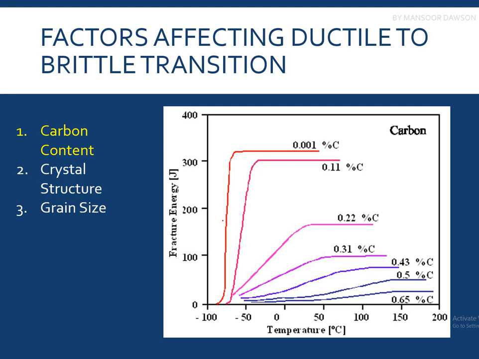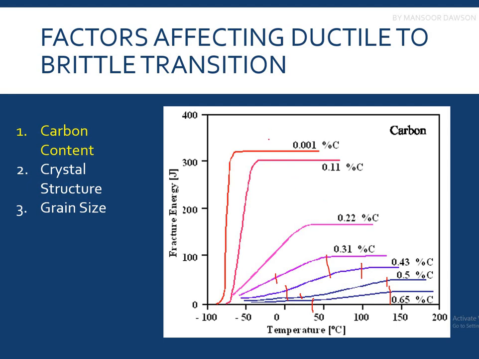So what are the factors affecting the ductile to brittle transition? One is the carbon content. If we take the ferrous alloys or the iron alloys, especially steels, when we increase the carbon content, you can see that we get a wide range of transition temperatures, as in this case, and again similarly in this case.